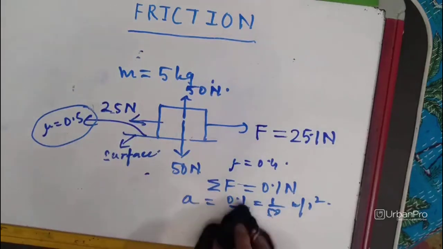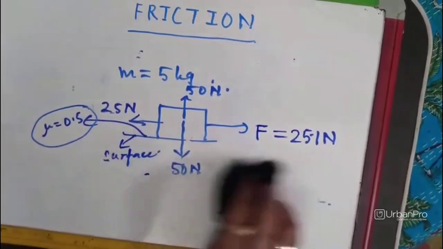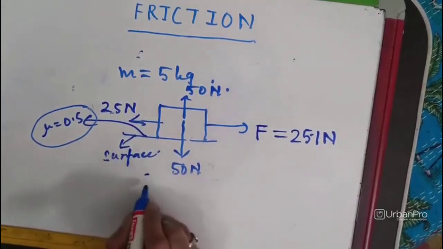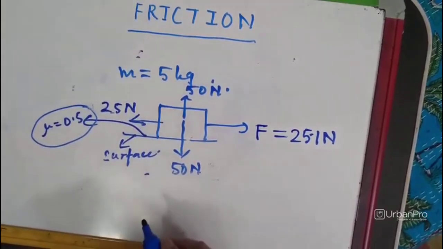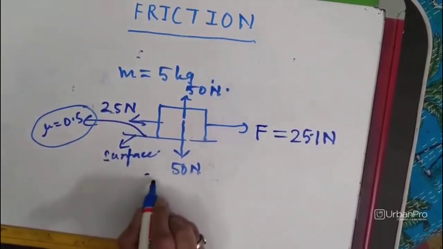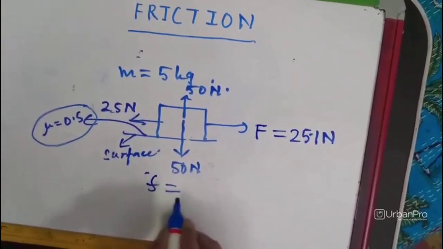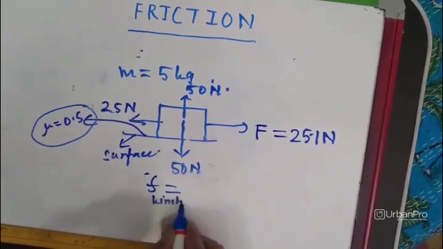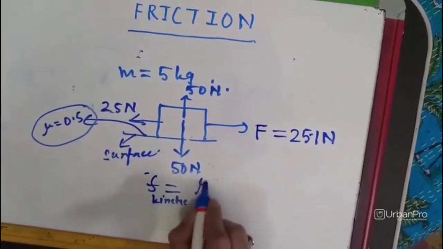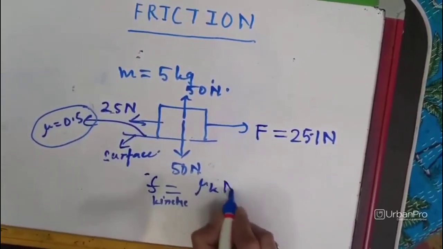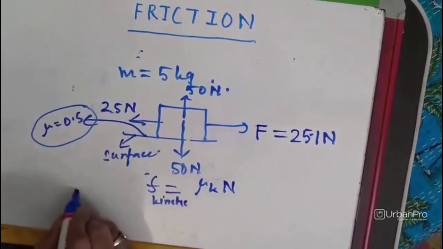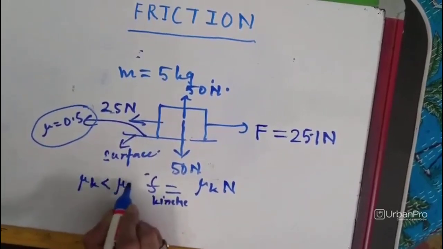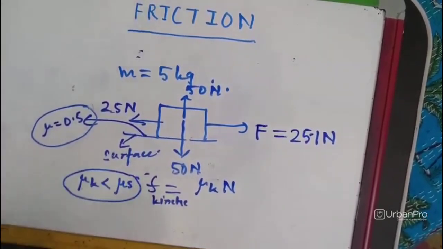So what happens is that now, since the body is in motion, the friction force that's going to act, friction force kinetic, is mu k into N. And remember, students, mu k is always less than mu s.